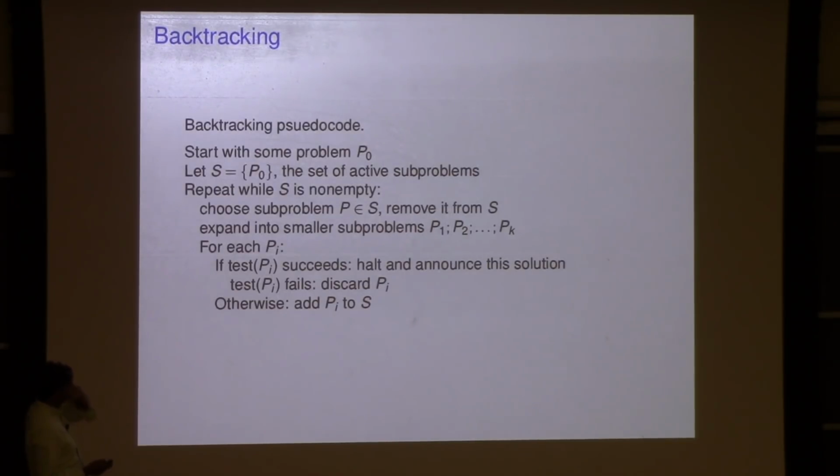Otherwise, add Pi to S. So the test could either say you're done, yes, it's a solution, or you're done, no, this is a proof that this problem can't be finished, and then you add it to S. Finally, you announce there's no solution. Here you announce the solution. This is the case where you actually found one. If you run out of subproblems, if your Q ever goes to 0, you stop and say you're done.